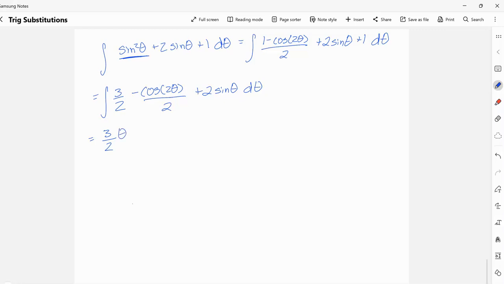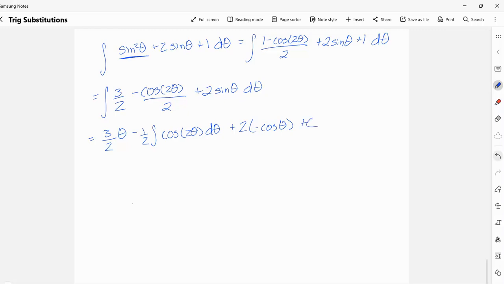This is going to need a u substitution. So I'm going to write it this way because we're not going to integrate it yet. I'll do it in just a minute. That way you can see that u substitution. And then I can integrate 2 sine. Integrating sine, you get negative cosine. And then we're going to have plus c.